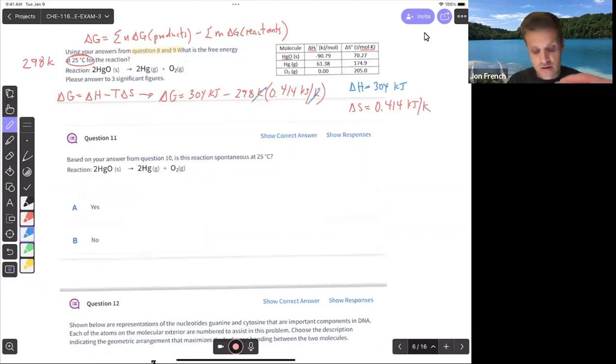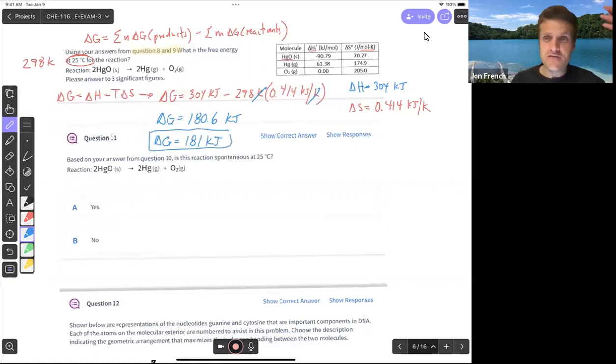That's going to leave me with kilojoules, and that's good because delta G should be in kilojoules. So 304 minus 298 times 0.414. And I get a delta G of about 180.6 kilojoules, so to 3 significant figures, right? Delta G equals about 181 kilojoules, right?